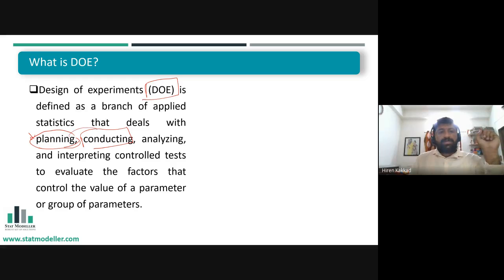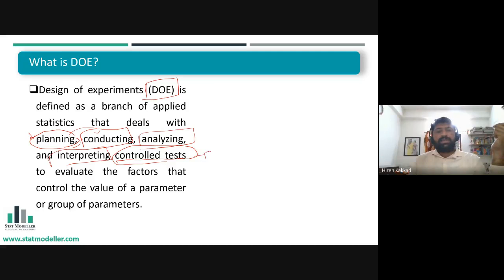So once the planning has been done, you have to conduct the experiment. Once these experiments are conducted, then you have to analyze the result. And once the analysis is done, you have to interpret the result. So if we read this entire definition: DOE is defined as a branch of applied statistics that deals with the planning, conducting, analyzing, and interpreting of controlled tests.